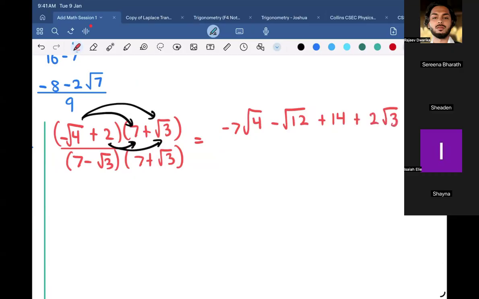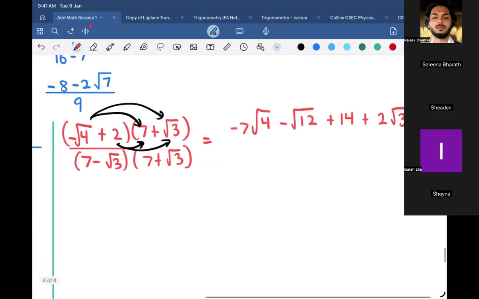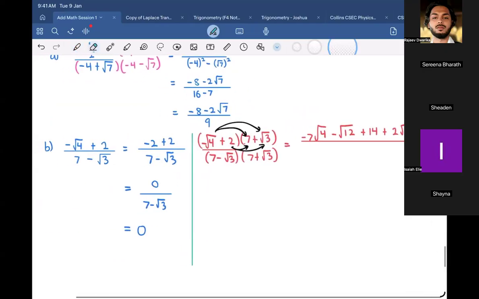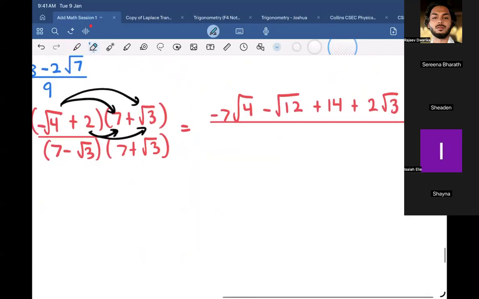Okay. Are you guys seeing any mistakes there? Okay, I'm not seeing any mistakes. Let's continue. In the denominator, what would the denominator work out to, Shayna? It's going to be the same as this one. But we didn't actually work it out there, but just use difference of two squares.